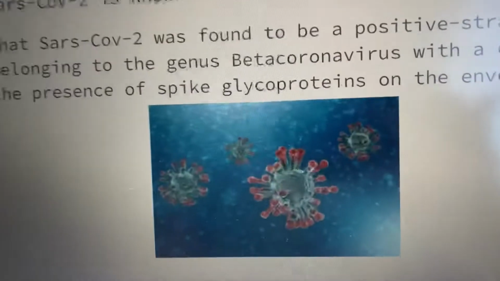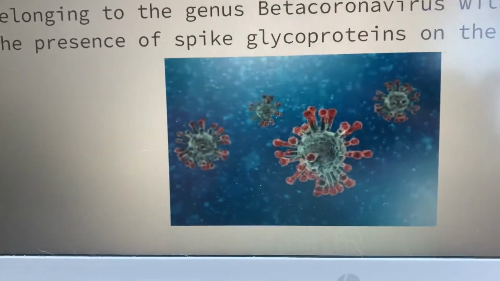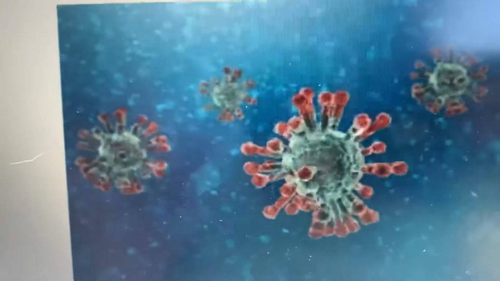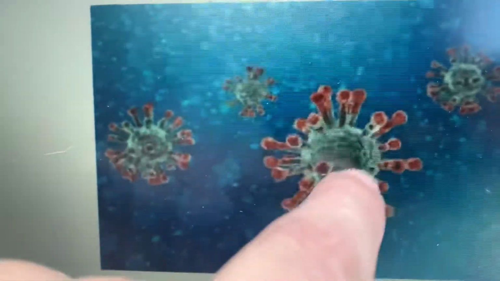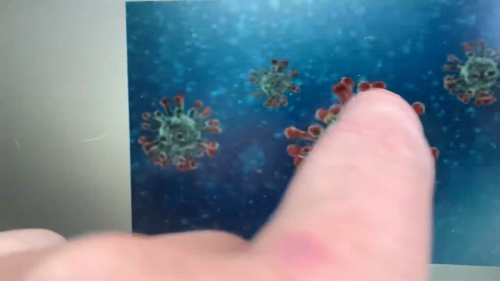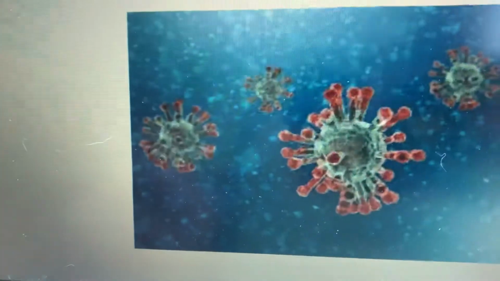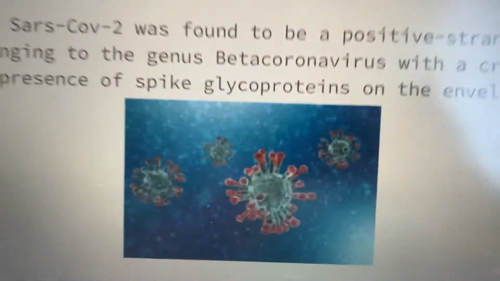In the picture, you can see the SARS-CoV-2 pathogen, I'm sorry. The round part here is the pathogen, and the little spikes around it are the crown on the envelope. This little picture just helps you better understand what is going on.